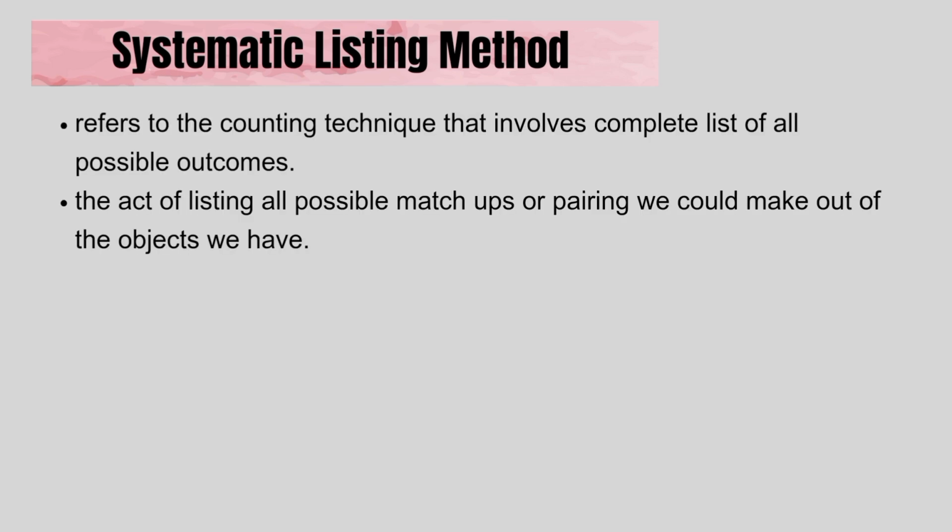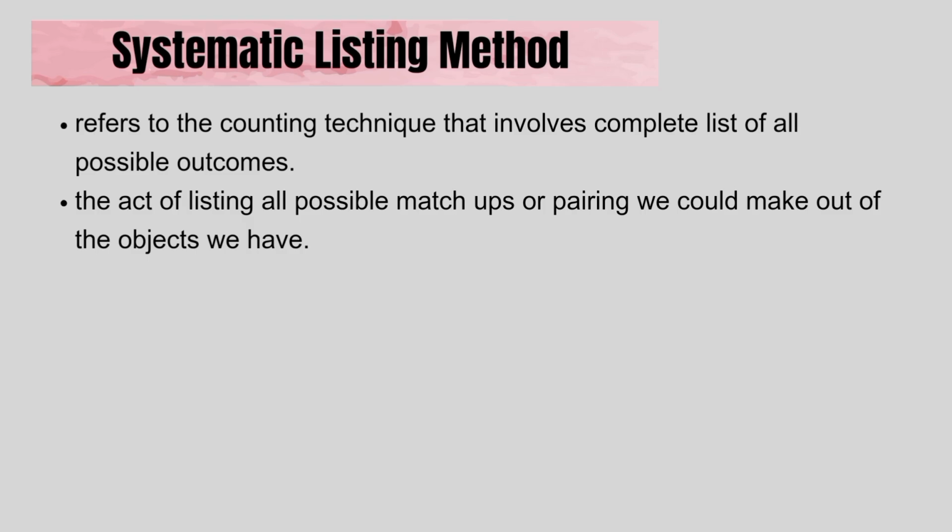First, using systematic listing method. This method refers to the counting technique that involves complete list of all possible outcomes. This is simply the act of listing all possible match-ups or pairings we could make out of the objects we have.